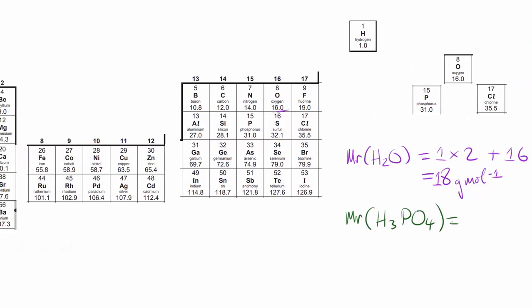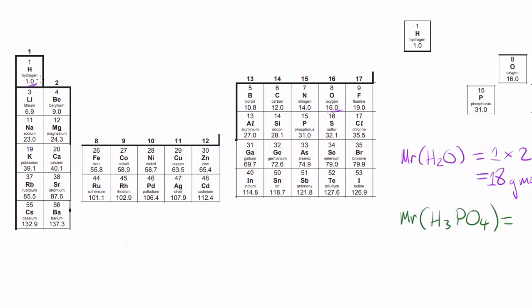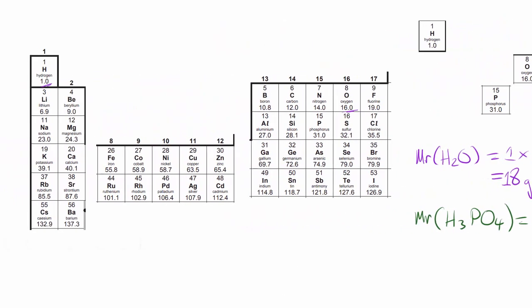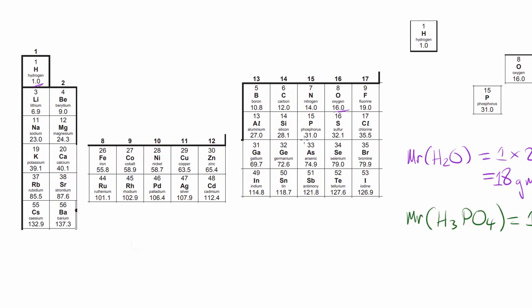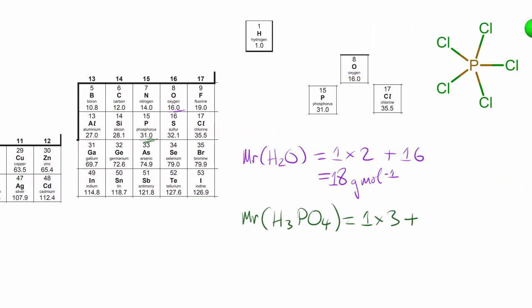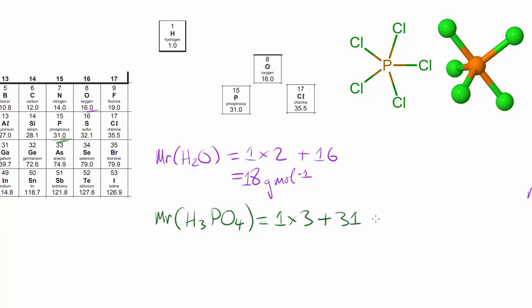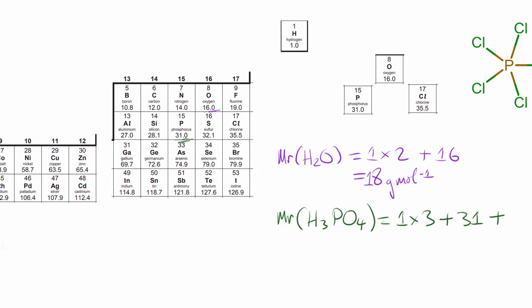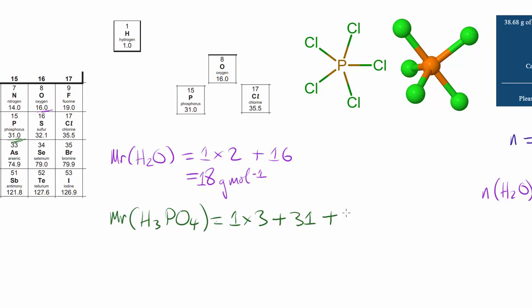For H₃, that's 1 times 3, plus for phosphorus, 31, plus for O₄, oxygen is 16, so 16 times 4. That gives us the molar mass of H₃PO₄.